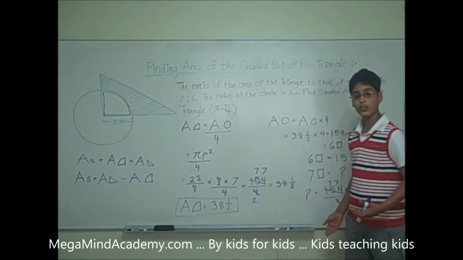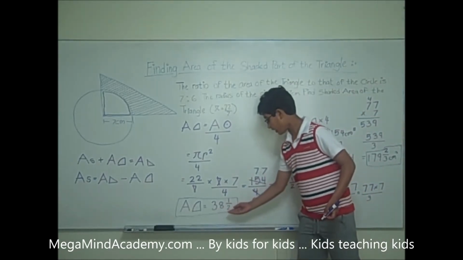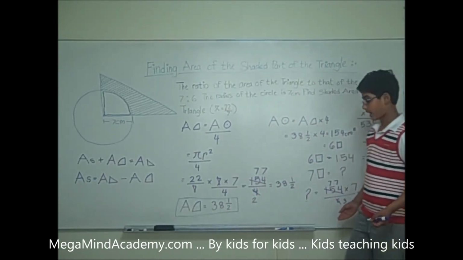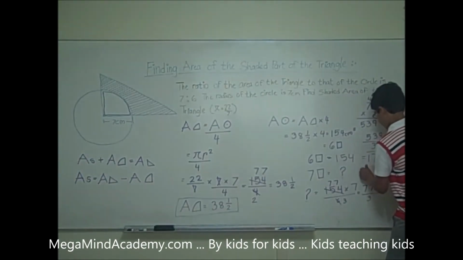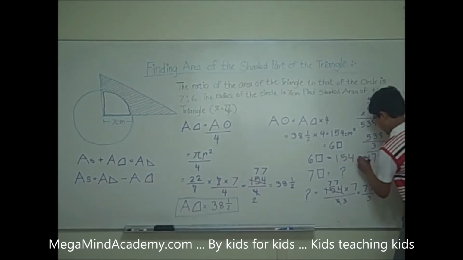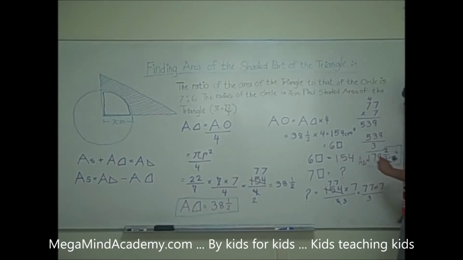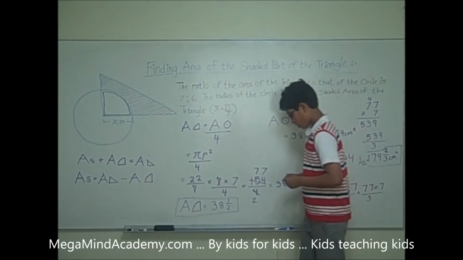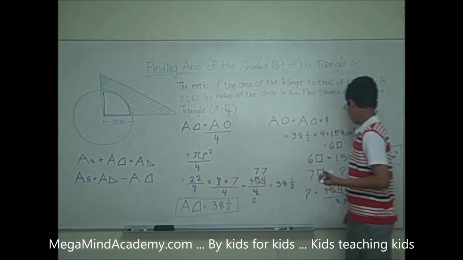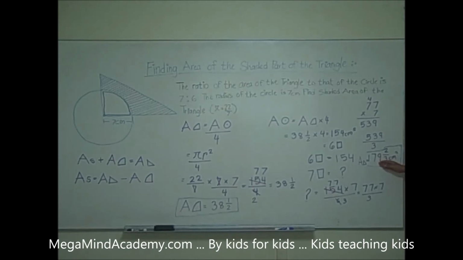Once again, the area of the quadrant is equal to 38 1/2, and the area of the triangle is equal to 179 and 2/3 centimeters squared. So now we have to subtract 38 1/2 from 179 and 2/3 centimeters squared.